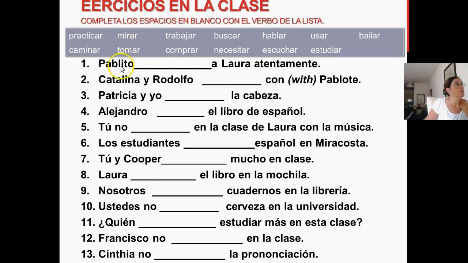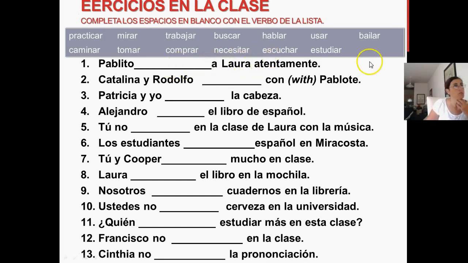Pablito is a boy. It could be mirar, it could be hablar if he's talking to Laura, it could be escuchar if he listens to Laura.